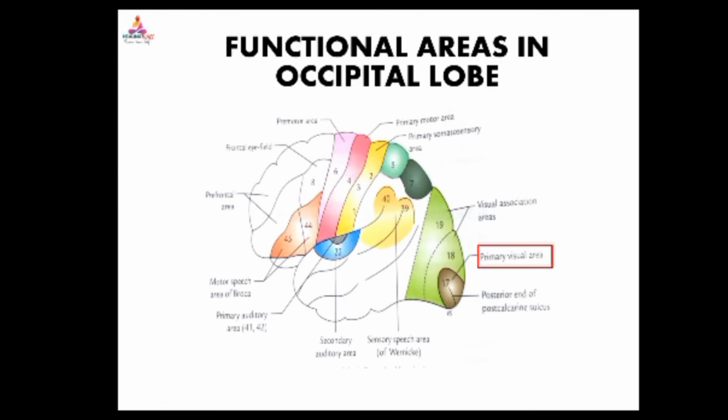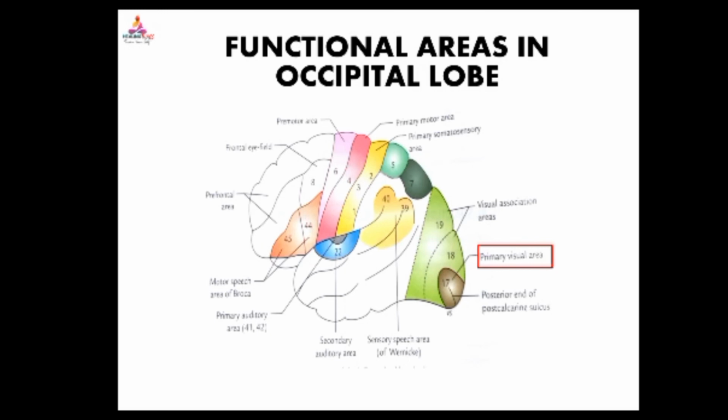The visual cortex receives afferent fibers from the lateral geniculate body via the geniculocalcarine tract or optic radiations. The visual cortex receives fibers from the temporal half of the ipsilateral retina and the nasal half of the contralateral retina.